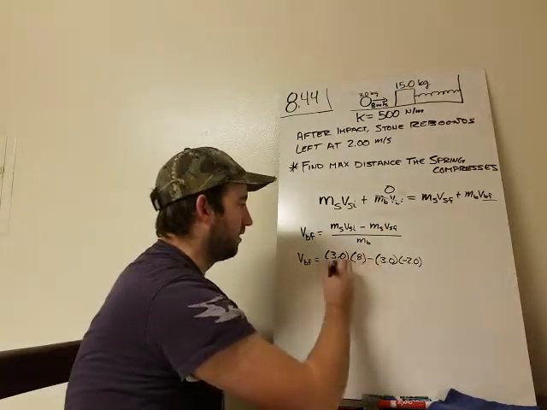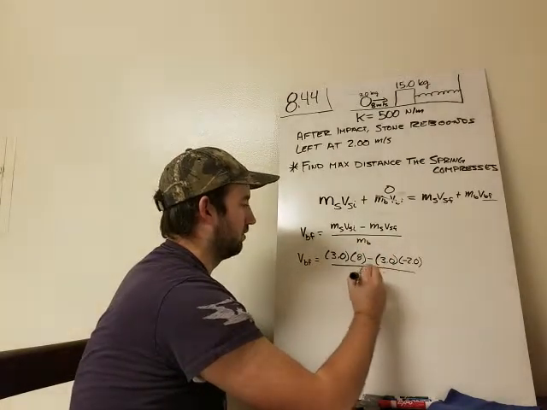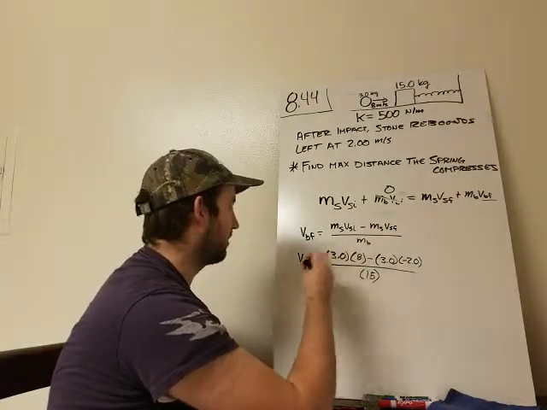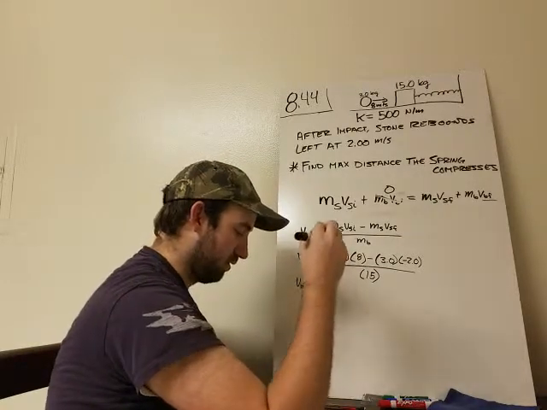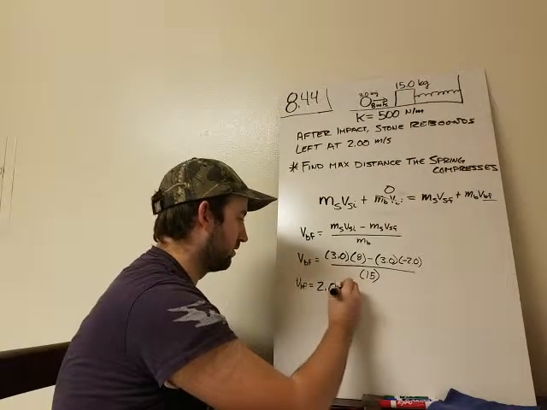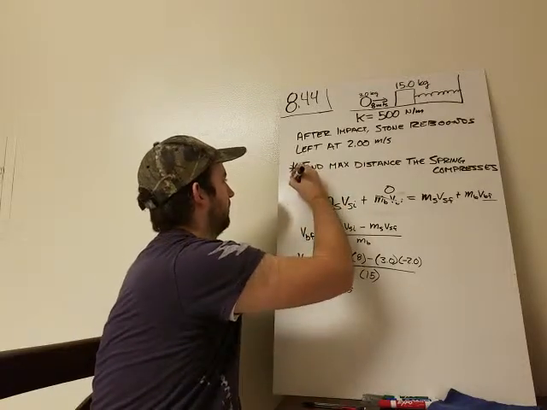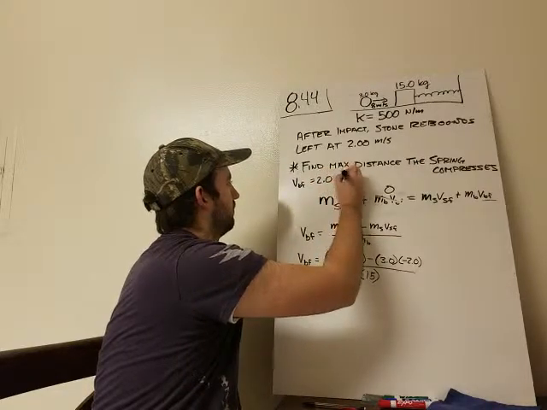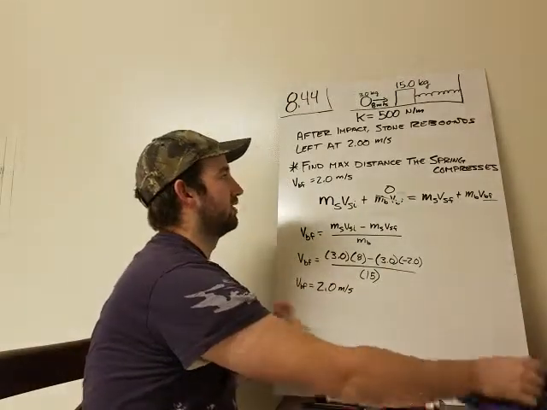And then the mass of the block is 15 kilograms. When we work this out, we get V final is equal to 2.0 meters per second. So I'll write that up here. We'll need to use that later.